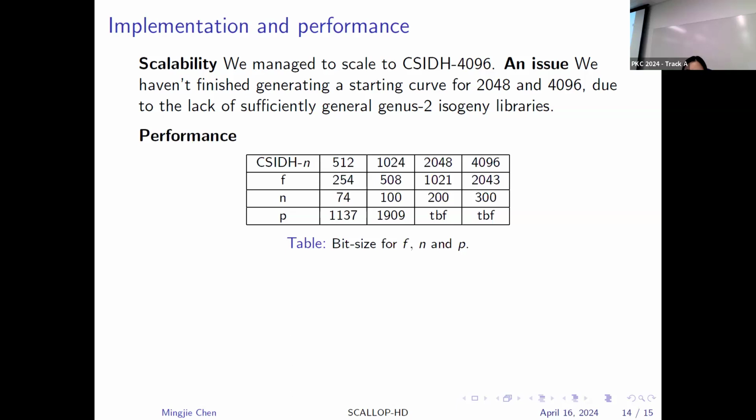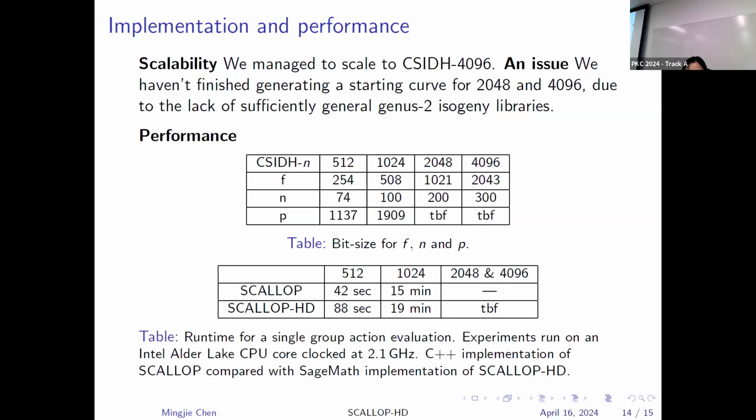About performance, here is a table for the bit sizes of our important parameters, among which n is the number of ell-ideals we choose for each security level. It also corresponds to the lattice dimension we are working with. And this is speed.